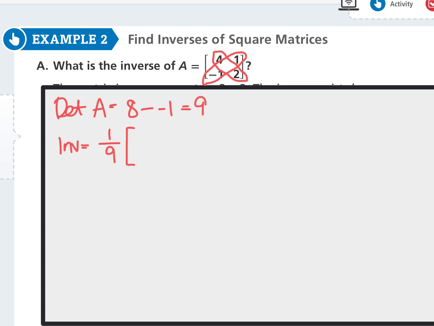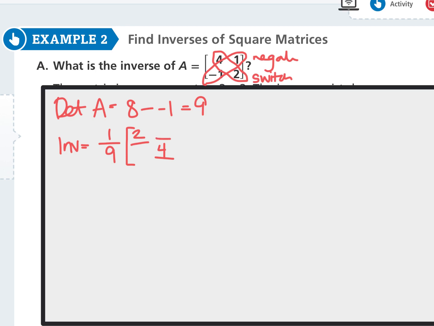And now, remember I need to switch these two and negate the other two. So instead of 4 and 2 in this spot, it's going to become 2 and 4. And then for the other diagonal, we're going to change the sign.